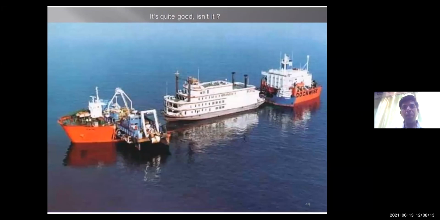You straight away beach the vessel. In India, at the Gujarat place called Alang, that's the biggest scrapyard in the world. The older ships meant for scrap go and beach at Alang, and there the breaking takes place.